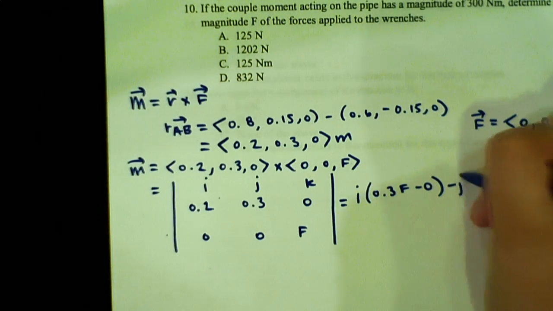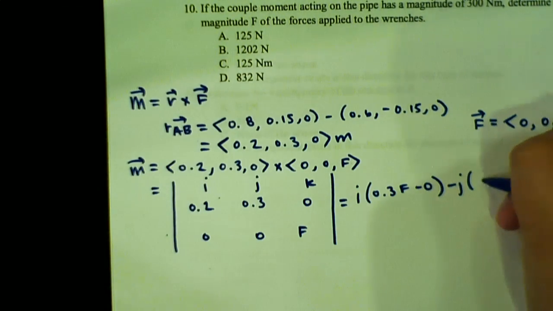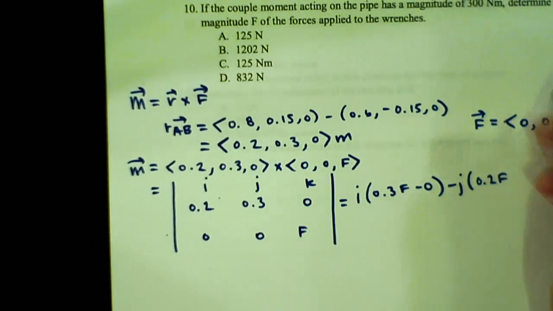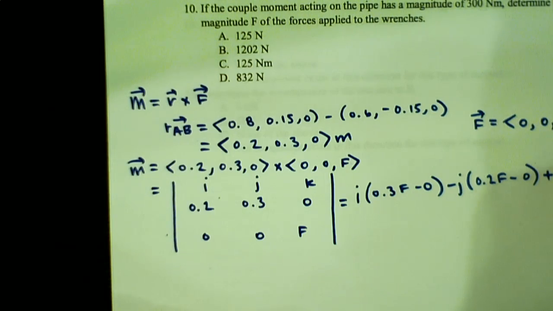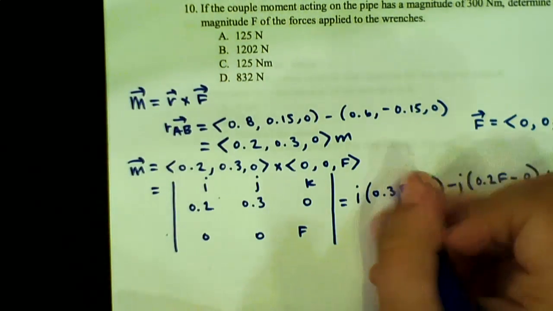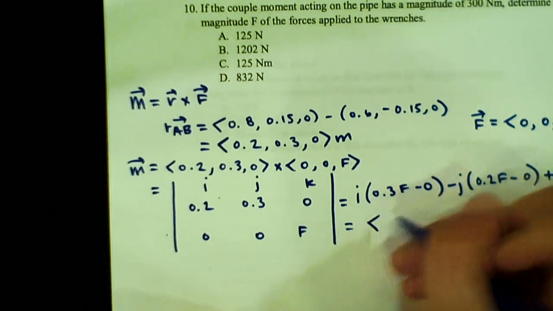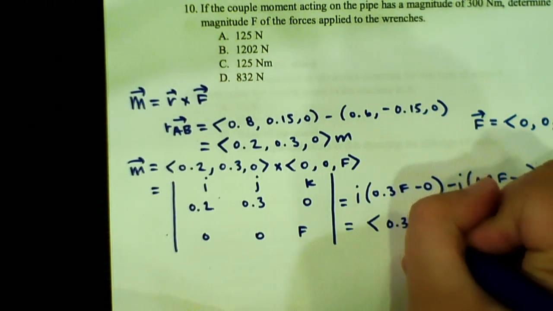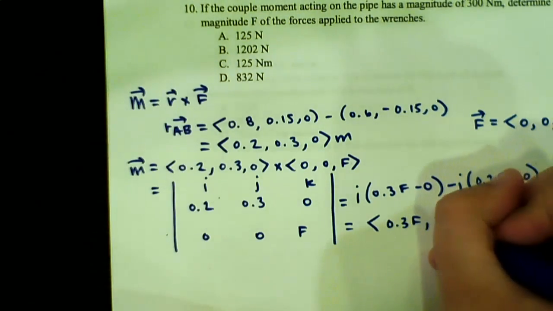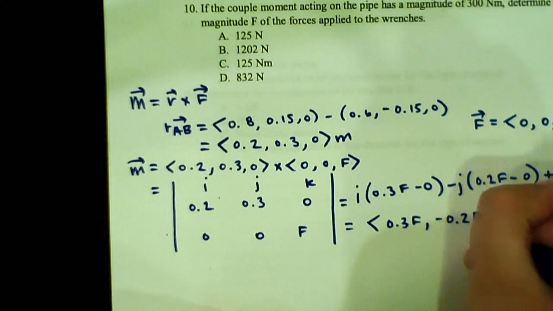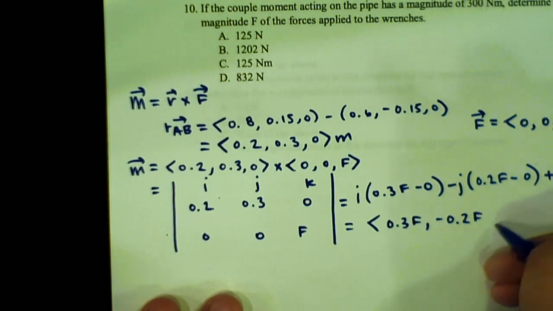We have our negative J times 0.2 F minus 0. And we have our positive K times 0. And that's going to be newton meters. So we know that this is going to be 0.3 F, negative 0.2 F, and then 0.